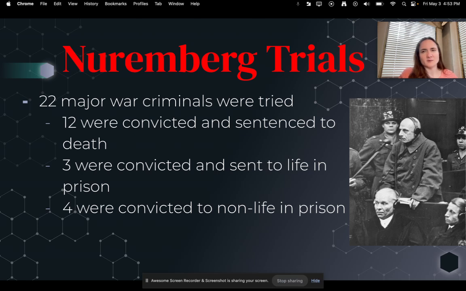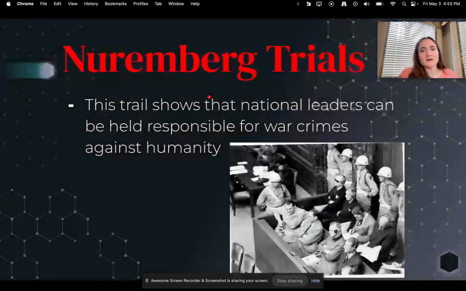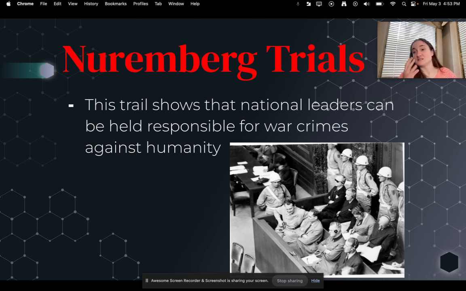Which now just makes me realize it doesn't add up to 22. Interesting. Okay. So the trial shows that national leaders can be held responsible for war crimes against humanity. Never before had such powerful world leaders been tried for these inhumane crimes.